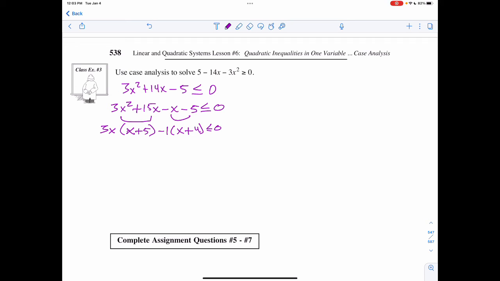And finally, I can state that I have x plus 5. Sorry, I wrote plus 4 here. And 3x minus 1 is less than or equal to 0.